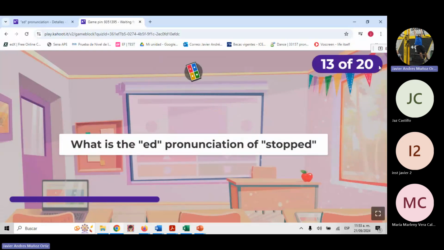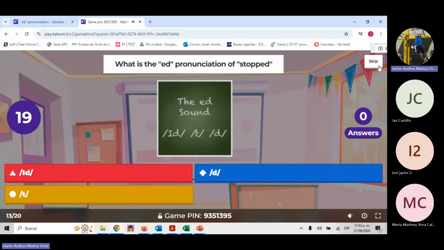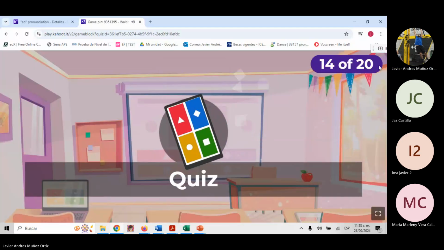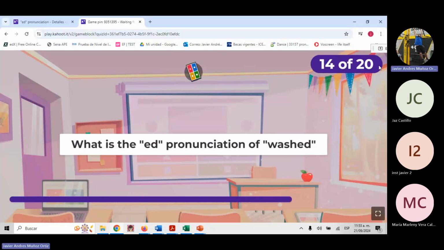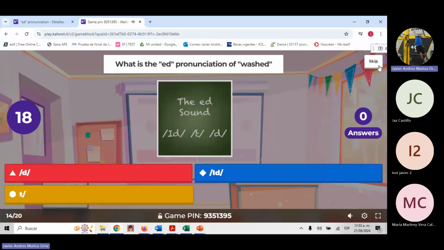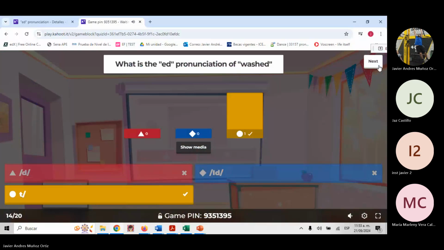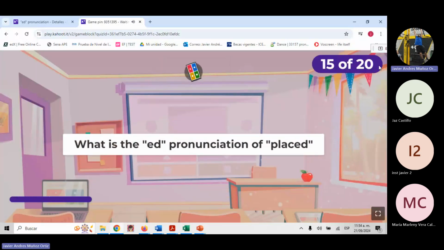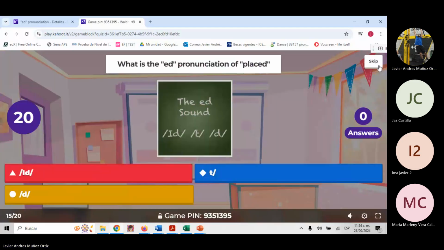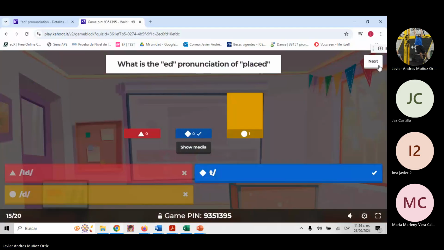Últimas dos. Stop. Wash. Último. Place. Si se toca la garganta, el sonido que estoy generando, que suena como si fuese una S, ¿no?